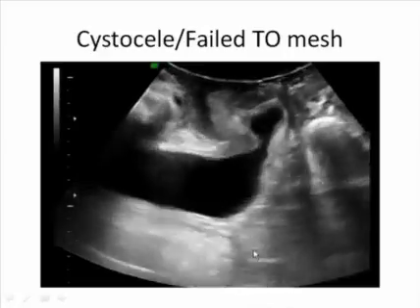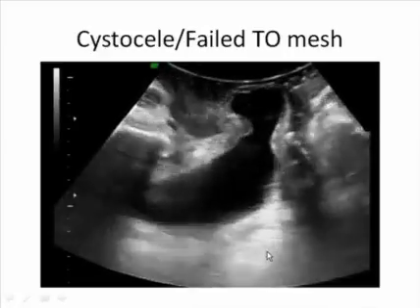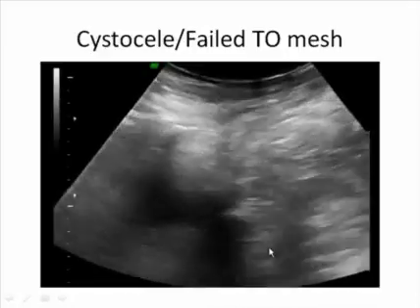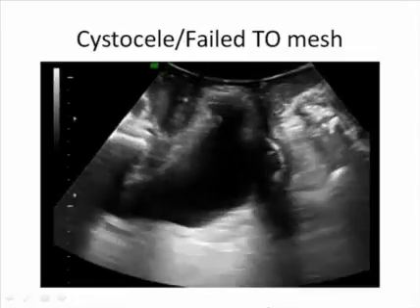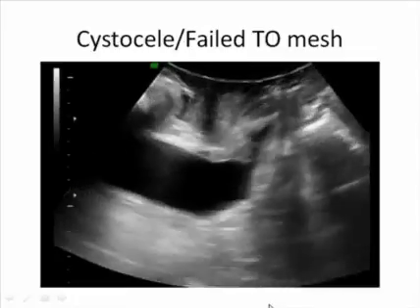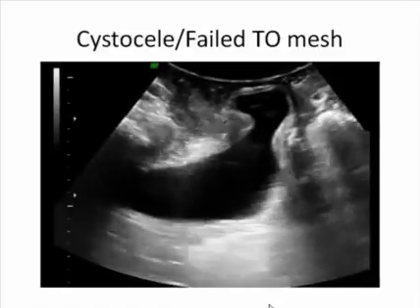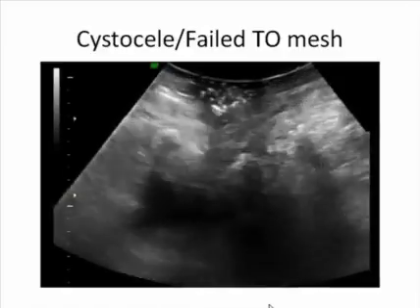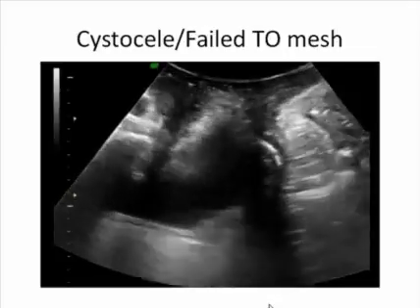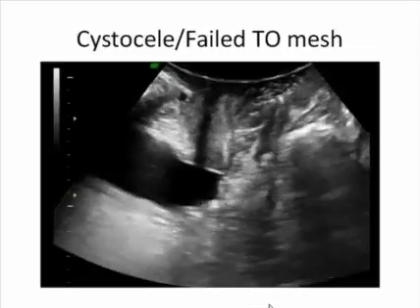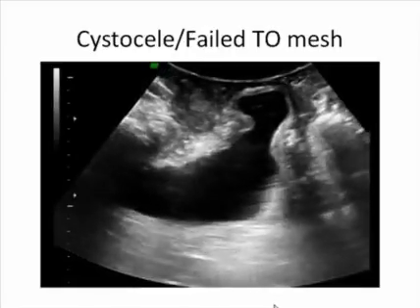So this first patient in the sagittal plane, you can see beautifully that the cystocele forms. It's in fact superior to this mesh here, and this would be, again, a cystocele after a mesh is put in, and this would be a patient that would need to actually go in and have this revised because the bladder is herniating superior to the mesh.